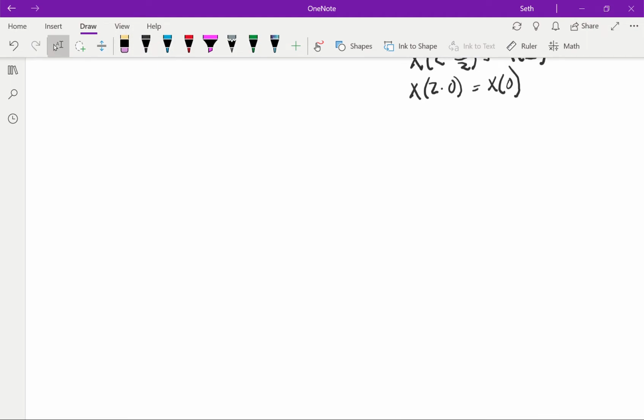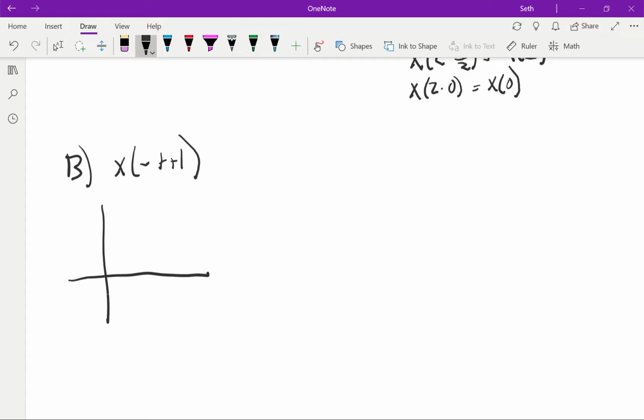Okay, B asks us to find x of minus t plus 1. Okay, our original signal x of t looks like this.